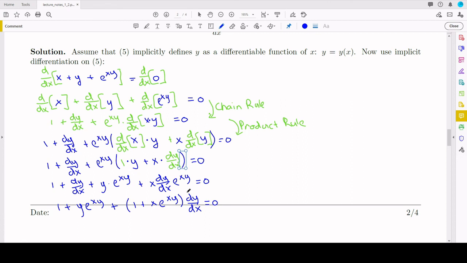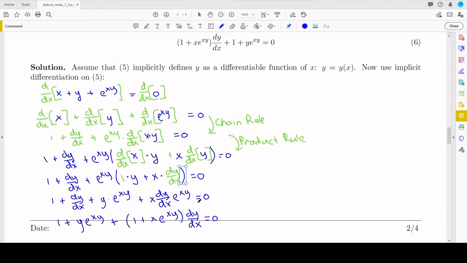Now let's take a good look at this equation, the derivative of our original function, and compare it with the differential equation here. And what we see is that this equation is exactly equal to this.